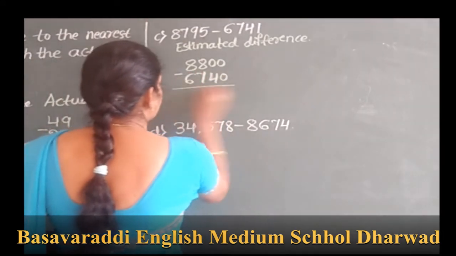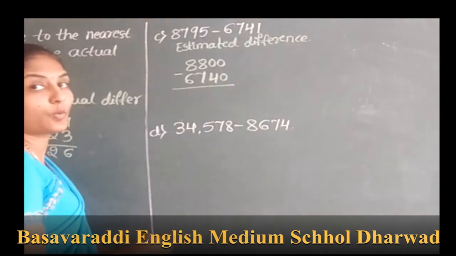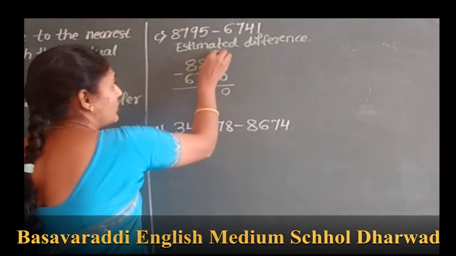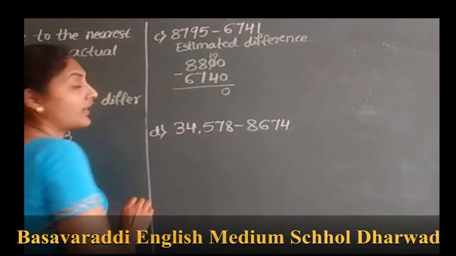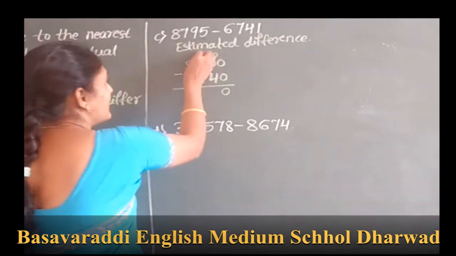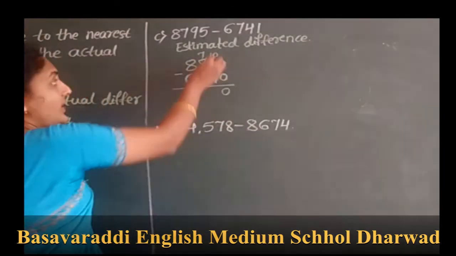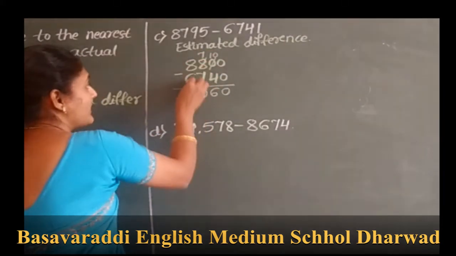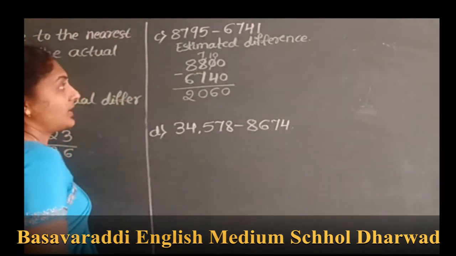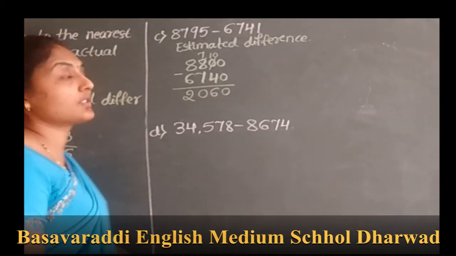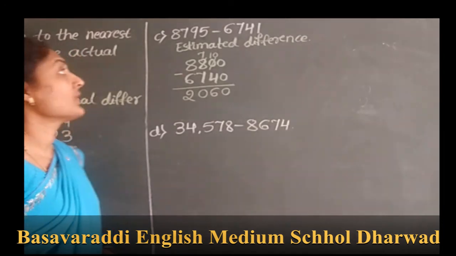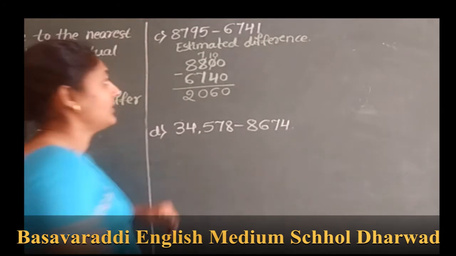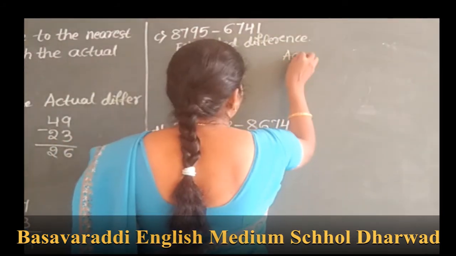Let's do the subtraction. 0 minus 0 is 0. 0 minus 4 is not possible, so regroup the number. The hundreds place number decreases by 1 and becomes 7. So 10 minus 4 is 6. 7 minus 7 is 0. 8 minus 6 is 2. The estimated difference of 8795 minus 6741 is 2060.